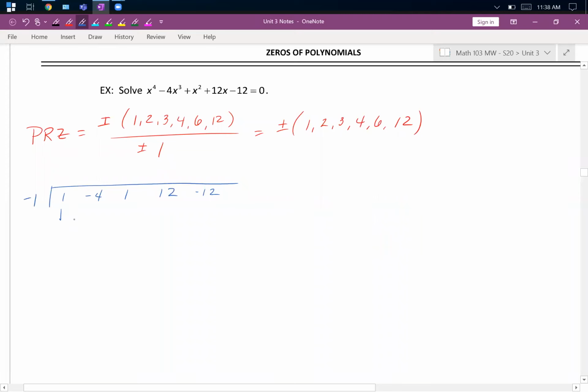So let's do -1. We get a remainder of -18. So that doesn't work. We'll try another number. I think I heard somebody suggest 2.